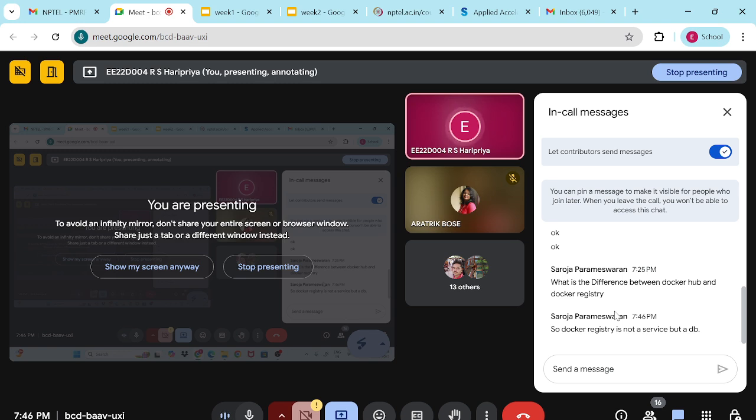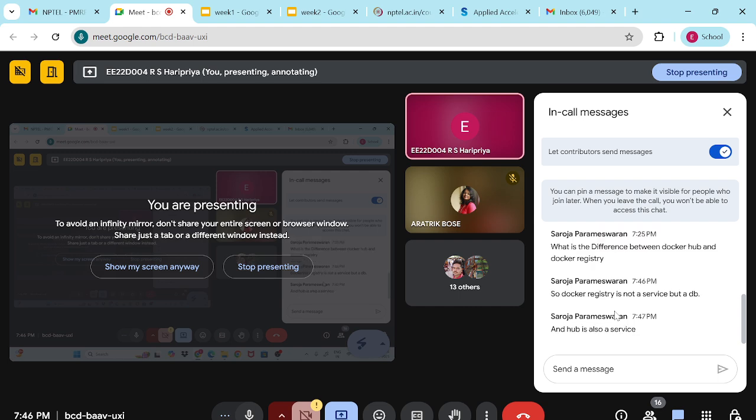It is a service. Yes, I think so. Both Docker Registry and Docker Hub are services.